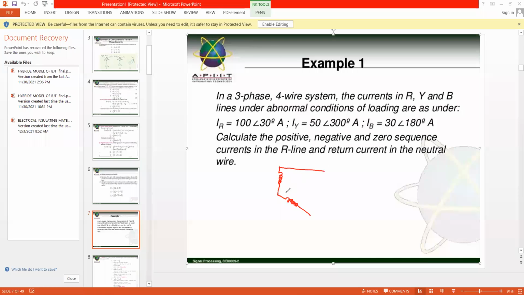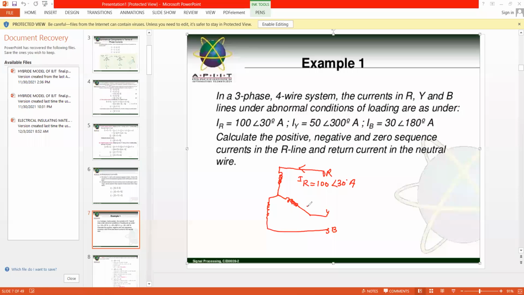So here we have the R line, Y line and B line. IR is the current flowing through the R line, given at faulty condition: 100 ampere at an angle of 30 degree.